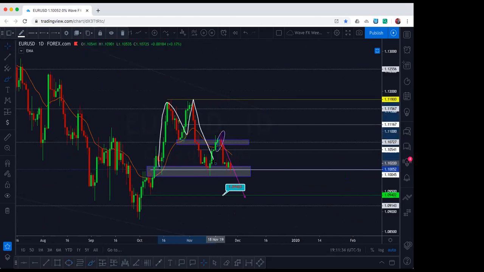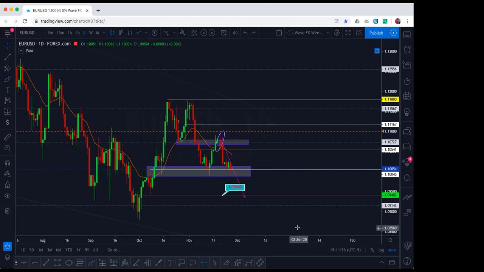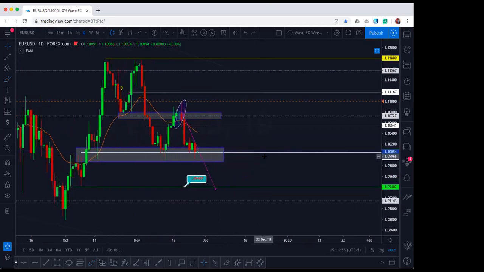And the general characteristics of these is for the retest, which we highlighted from the week before, and the market played out superbly. And then we said from here on out, we should be expecting the market to continue to the downside. And that's the overall move that we got from the market as well.